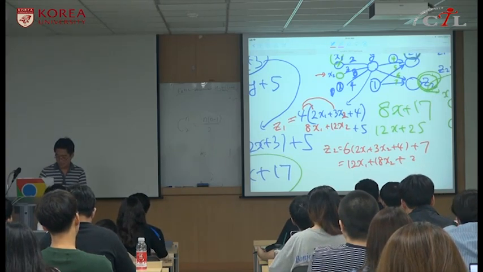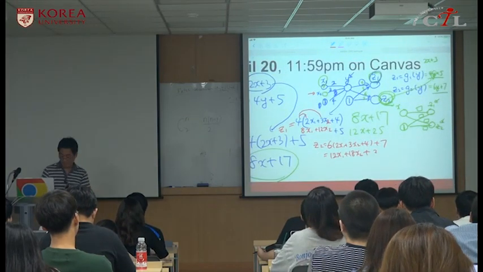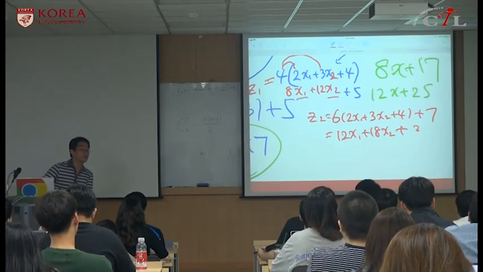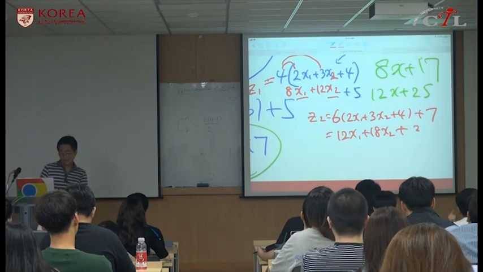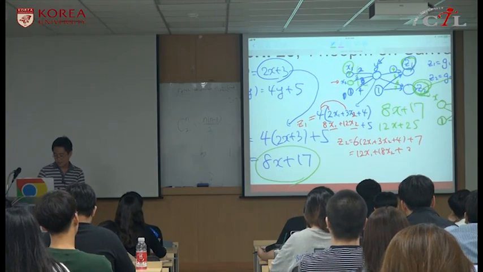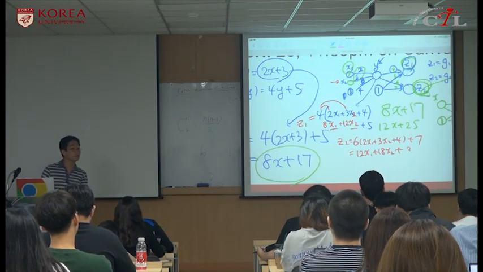And in this case, for our Z1 and Z2, the ratio between x1 and x2 and their coefficients will always have the fixed ratio that was determined at the first layer, right? This guy, 2 and 3, right?